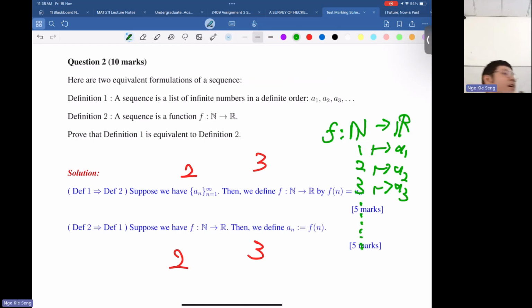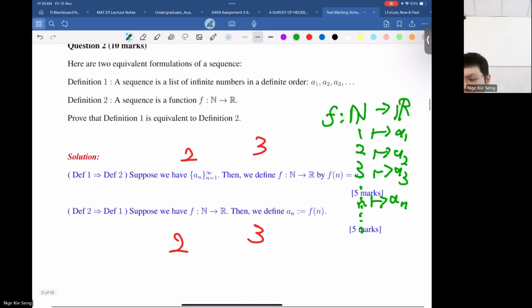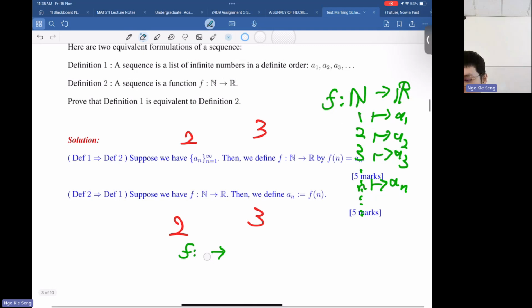Correct or not? I don't want to say a infinity, but all the n in the natural numbers. For all the n, I just send it to an. So this defines a function. Okay, and then if you have a function, I know where I send 1 to, I know where I send 2 to.